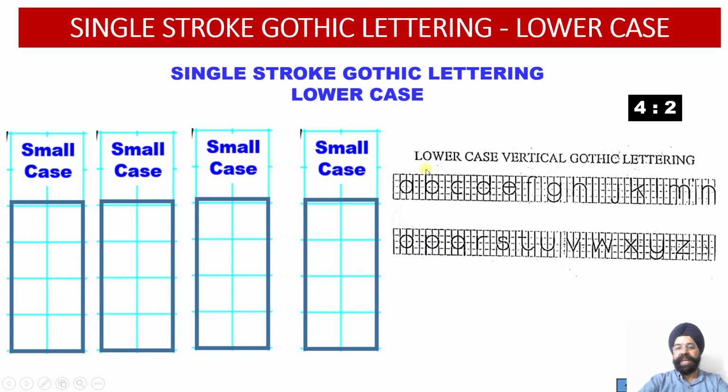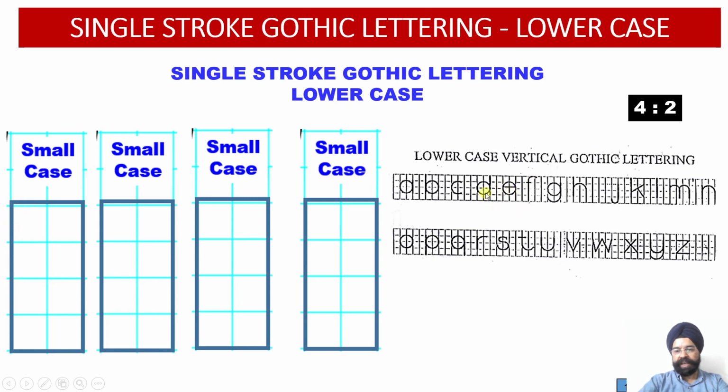B, D, F, H, K, L, T. These alphabets will have their upper portion moving above this central block by one block.